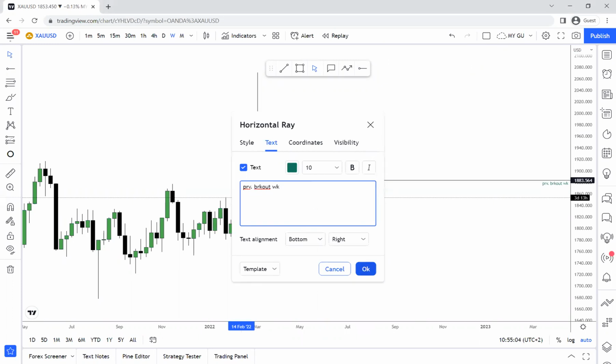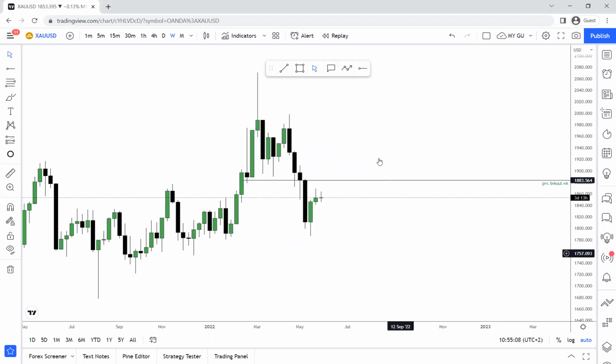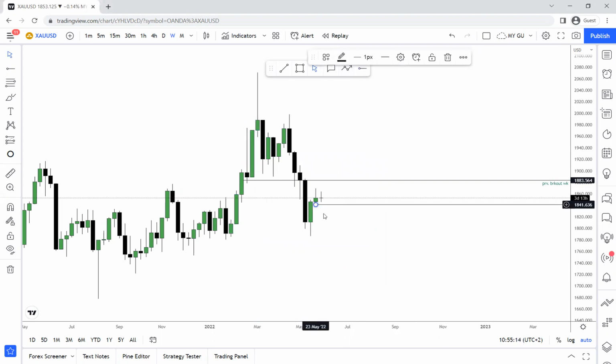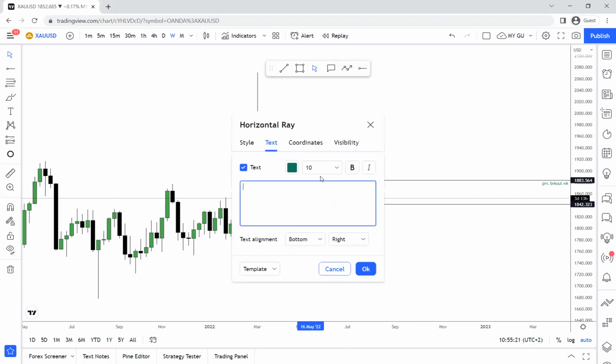Just say weekly. We need to know. All right. And then we need to highlight last week's low. So we're going to highlight this area as last week's low, because the moment price breaks this area, right, it's creating a new range. All right.